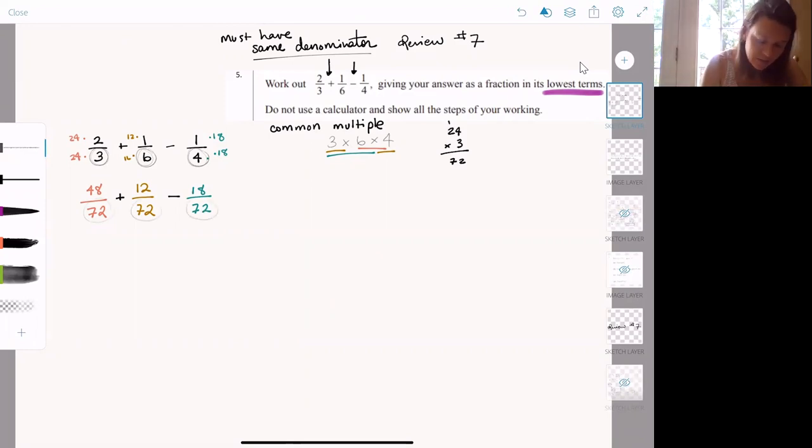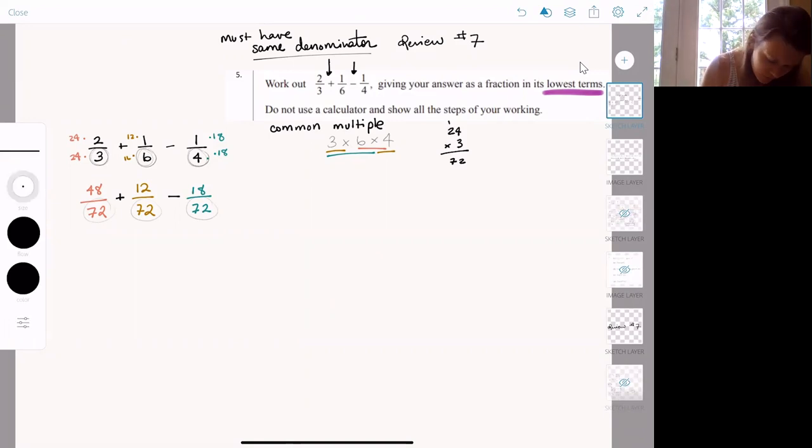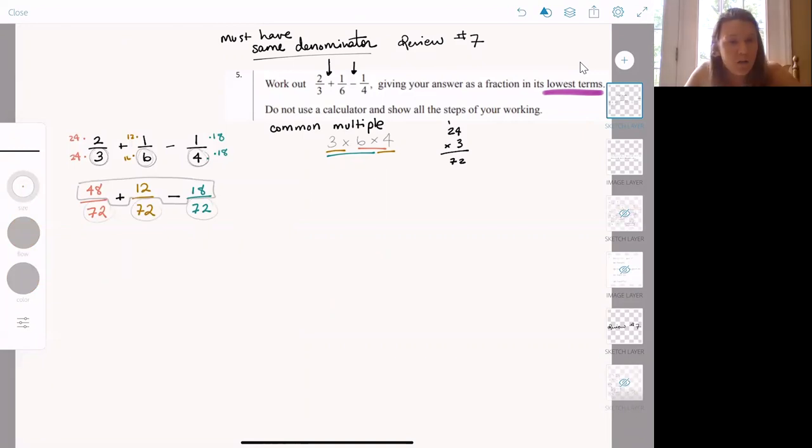I can combine all of my numerators. 48 plus 12 gives me 60. When you add and subtract the numerators, you leave the denominators the same. That's why they all have to be the same.